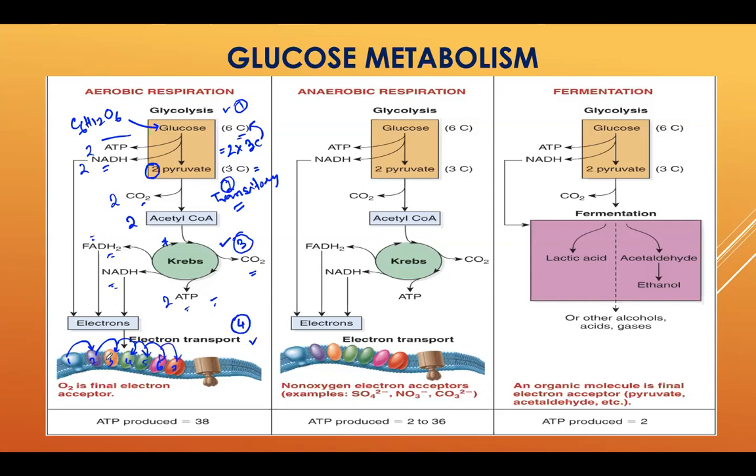When they jump, they release electrons over here, and that creates what is called the proton motive force. Basically, the hydrogen ion concentration gradient is created over here.